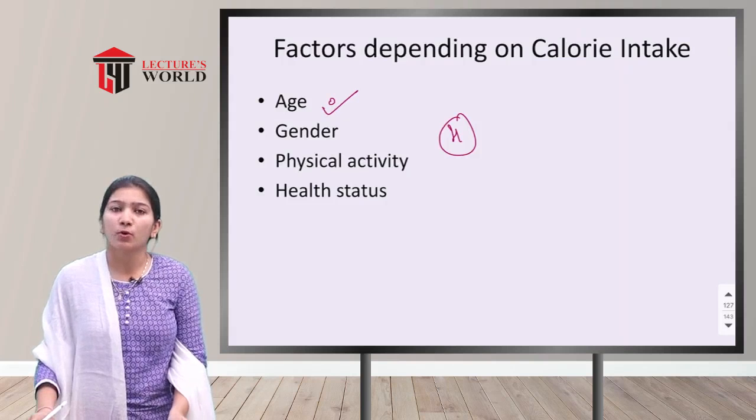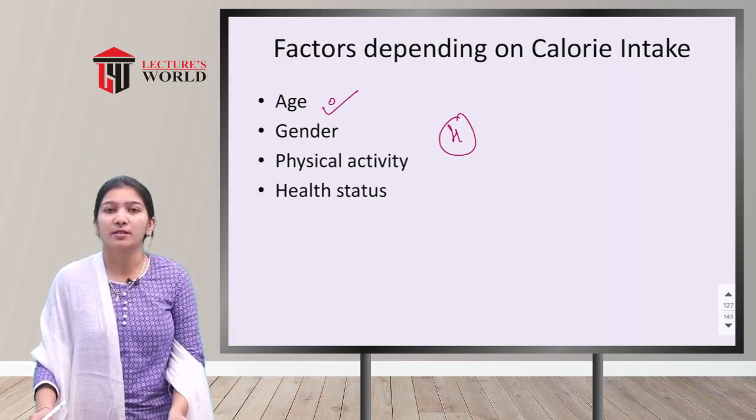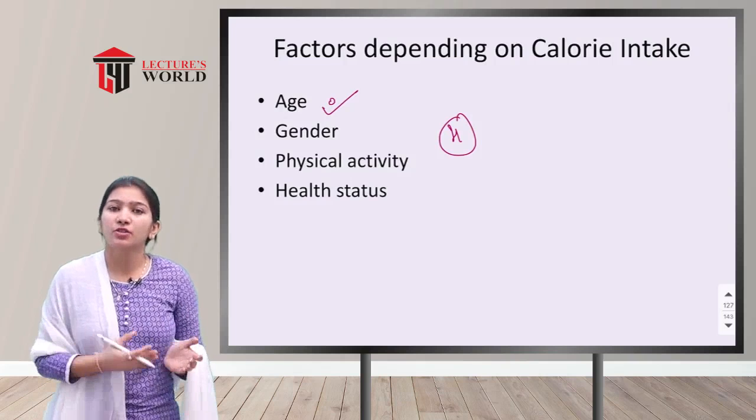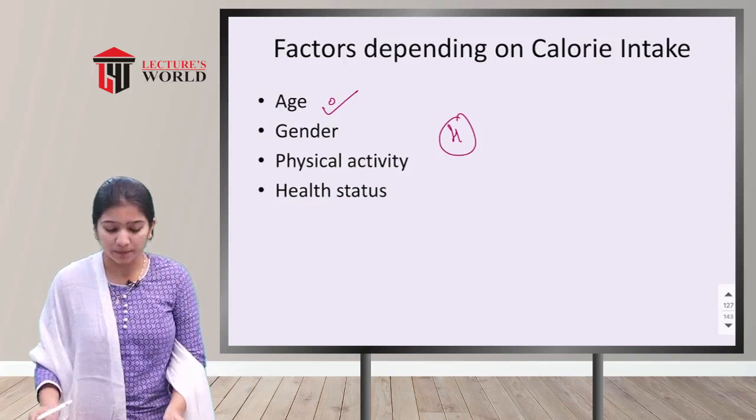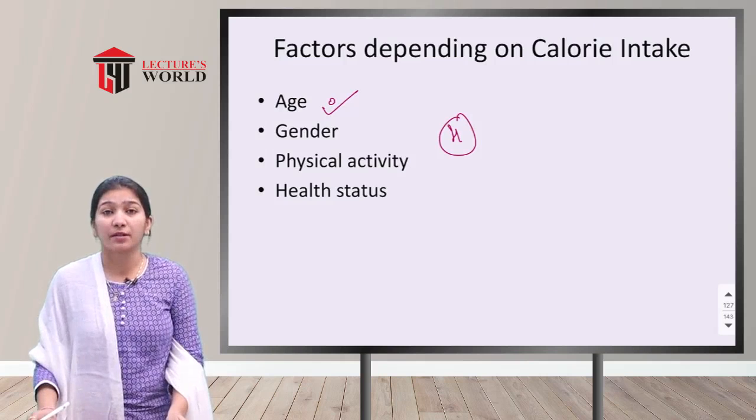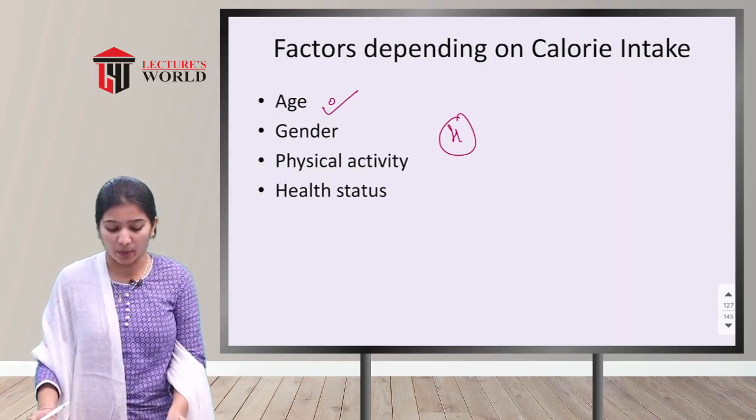Because of moderate or low activity level, the calorie requirement of old age people is less in comparison to children and adults. So age is one of the factors which affects the calorie requirement.